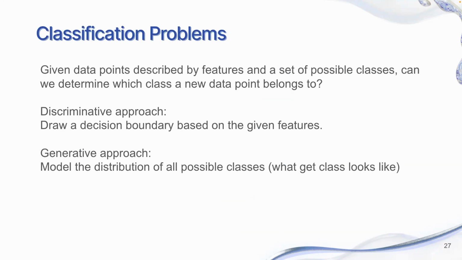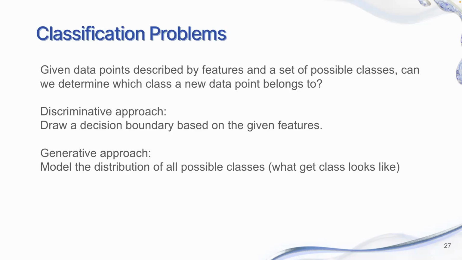And then you have a set of possible classes, which is what your prediction could be. And you just try to determine which data point belongs to which class, right? That's what you've seen before for logistic regression, which is binary classification. In that case, you only have two classes, but you can have more, of course.